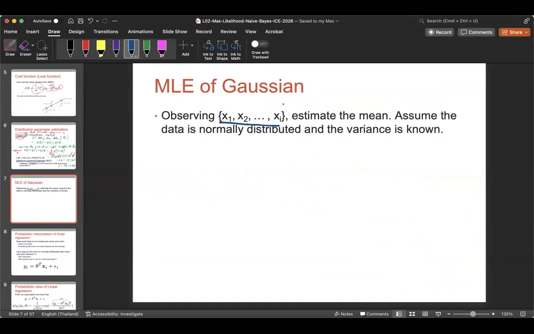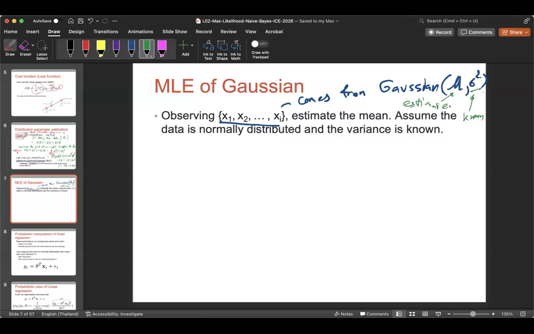You say, okay, this data comes from some Gaussian distribution, with some mean and some variance. But the variance is known. The mean you want to estimate. How do we do this?